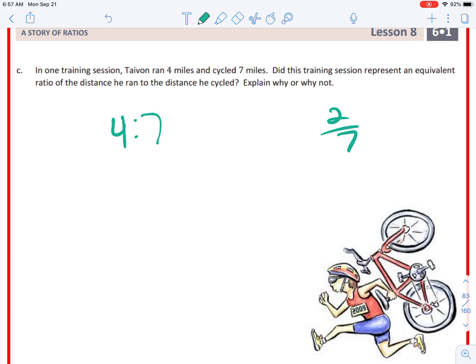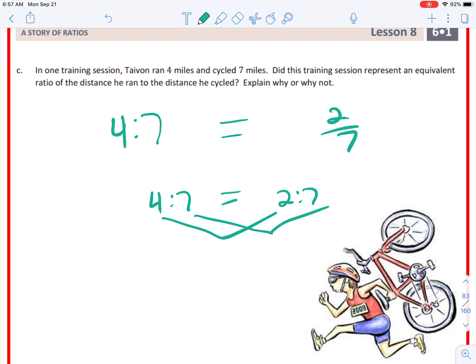We're trying to see if these are equivalent. So right off the bat, I have 4 to 7 comparing to 2 to 7, or 2 over 7. And right off the bat, I can tell these are not equivalent. So I would write down they are not equivalent because they do not have the same value.